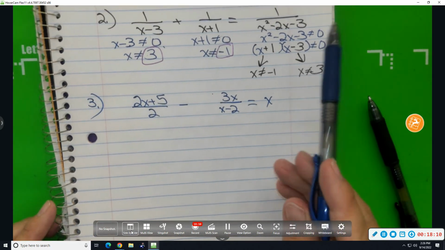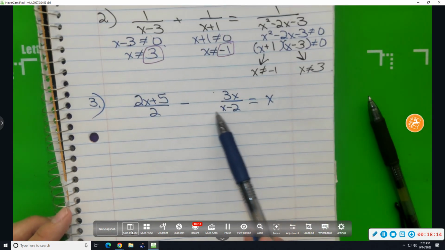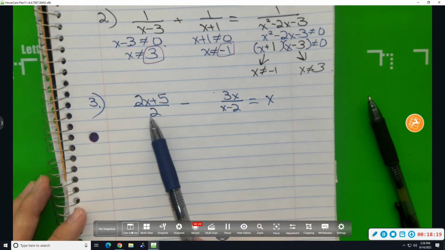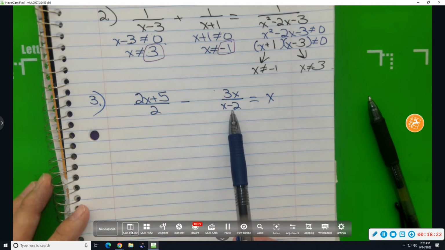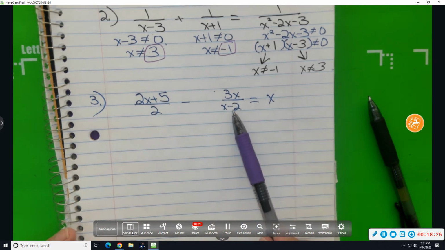Maybe an x squared? There's no x squared there. X minus 2 can't be factored. So, if you have two distinct denominators and they cannot be factored, the least common denominator is just the product of those denominators, and that's what you're going to multiply by.